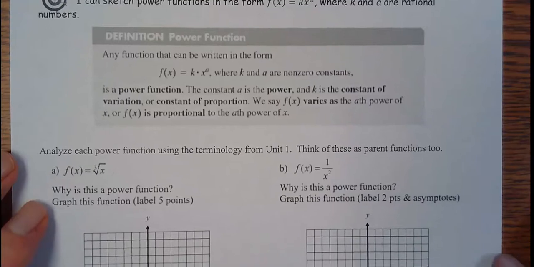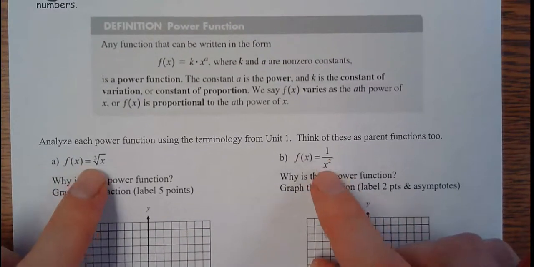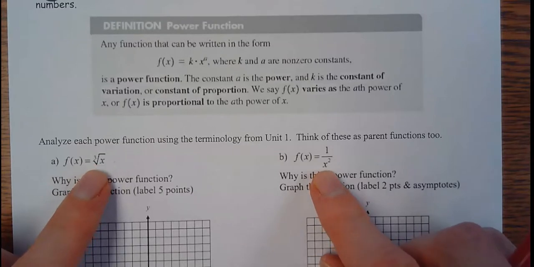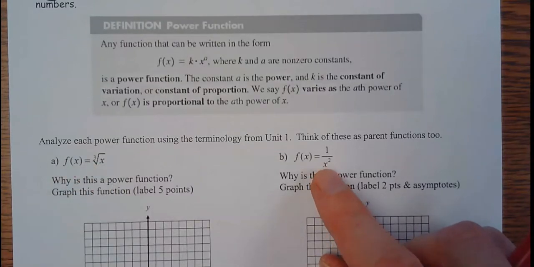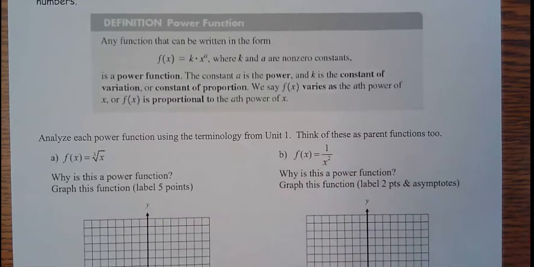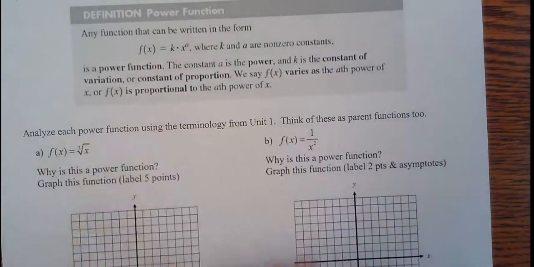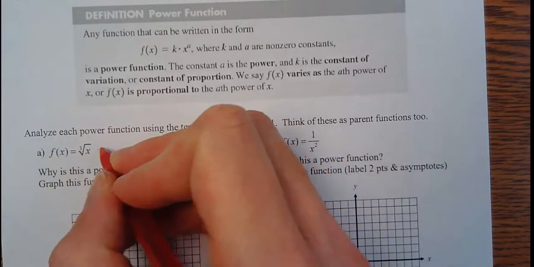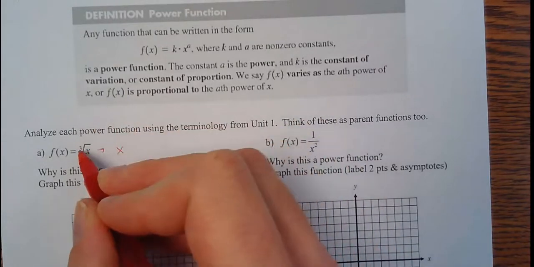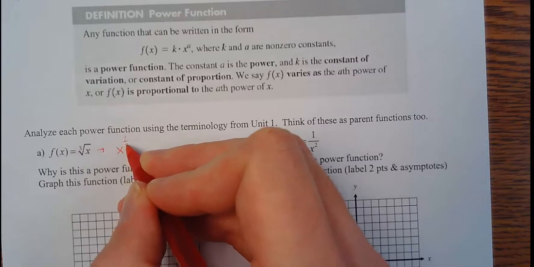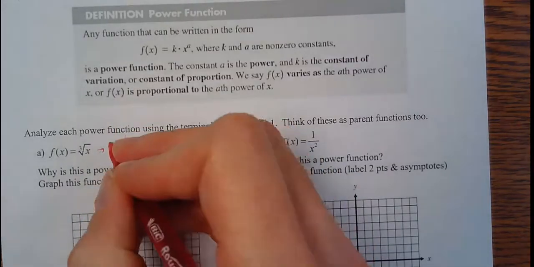So think of these as parent functions. This is the cube root parent function, and over here we call it the reciprocal squared function. So why is this a power function? Well, instead of the cube root, think of it as x to the 1/3, with a 1 out front.